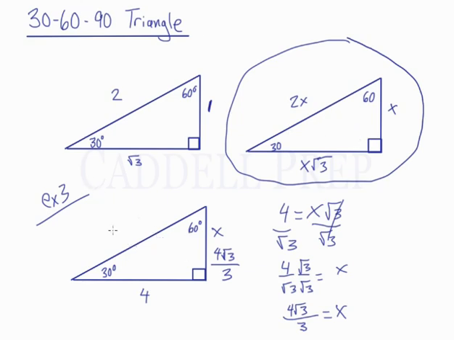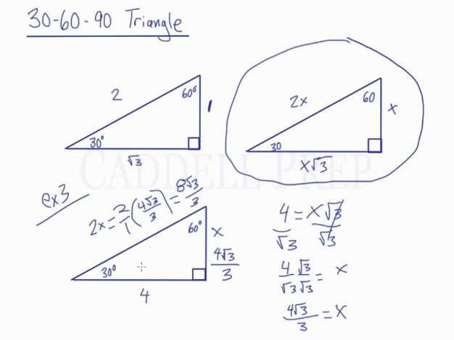So in this case it's 2 times 4 radical 3 over 3. Let's multiply this. 2 is just the same as 2 over 1. So we get 2 times 4 radical 3, which is 8 radical 3. And then 1 times 3 is 3. So this hypotenuse is 8 radical 3 over 3.